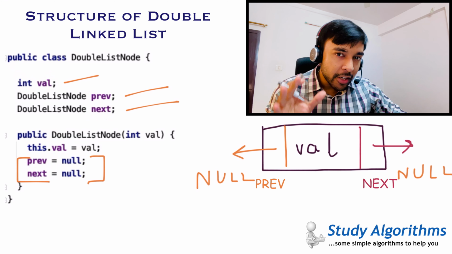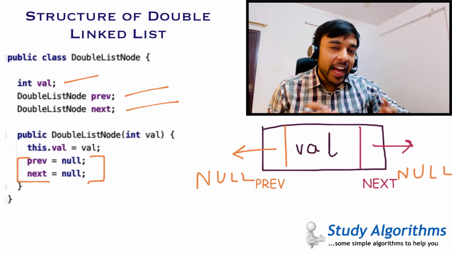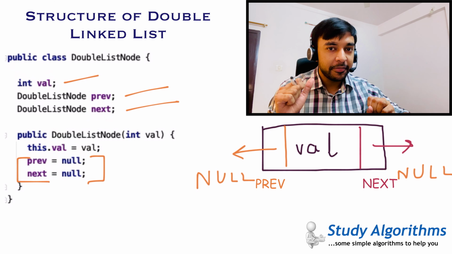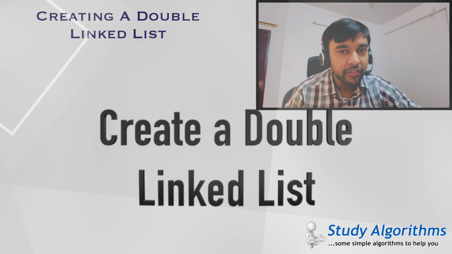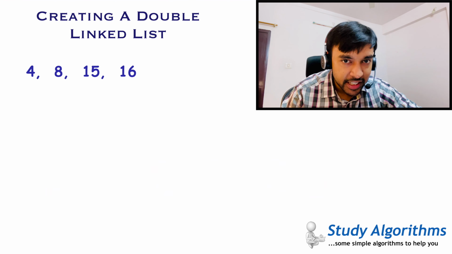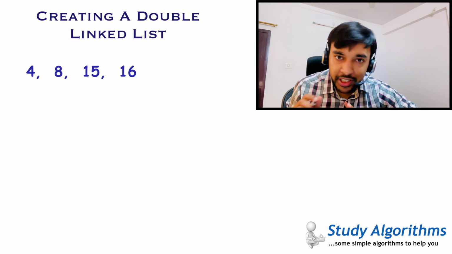Now let us try to take advantage of this structure and actually create a working list. Let's say you want to create a double linked list with the values 4, 8, 15, and 16. What is the first step that you do? You create 4 nodes with these values.